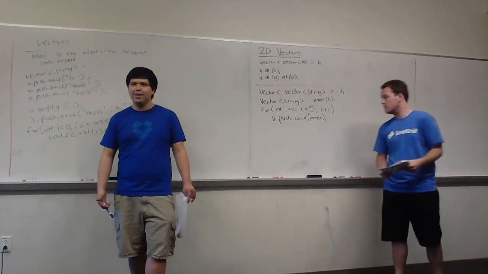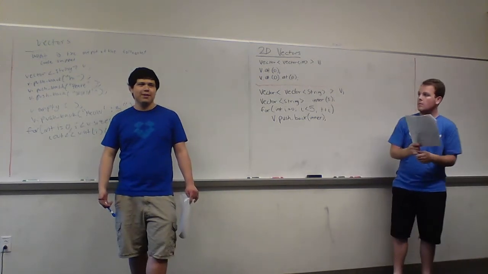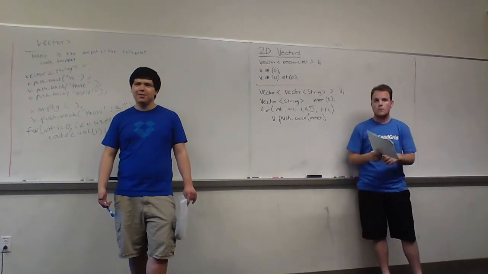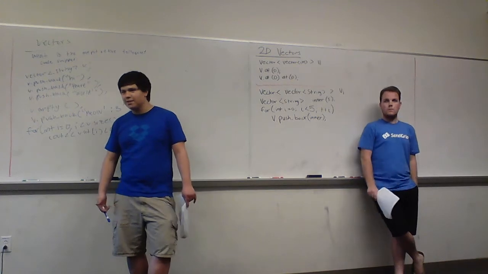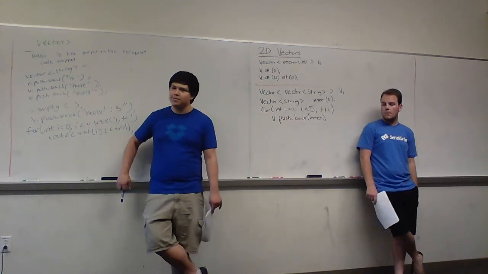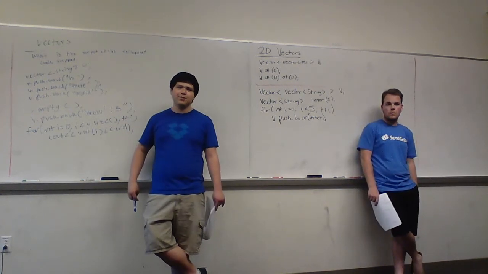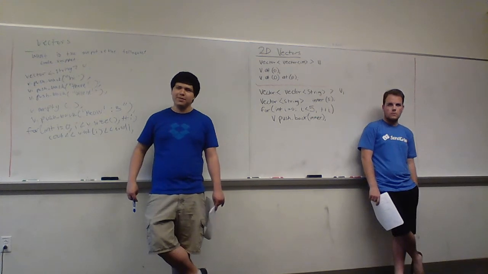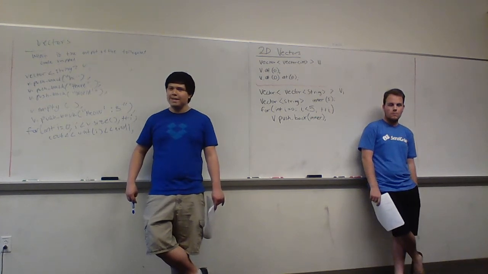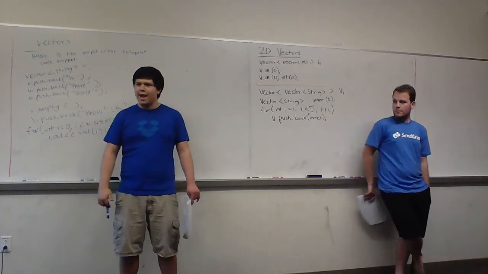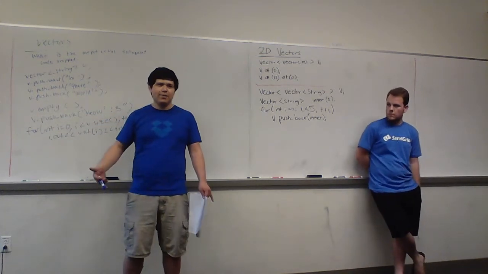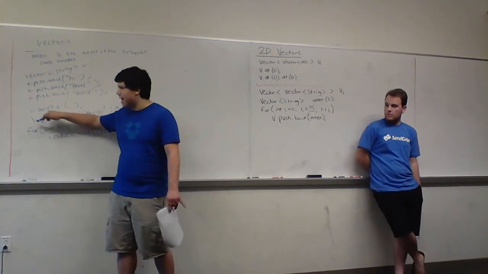This doesn't actually empty the vector. What does empty do? Does it remove the last one? So this is a hint. V.empty isn't a void function. It returns something. What does it return? Yeah, this is just asking, is the vector empty? Notice that this is not a function that modifies the vector.